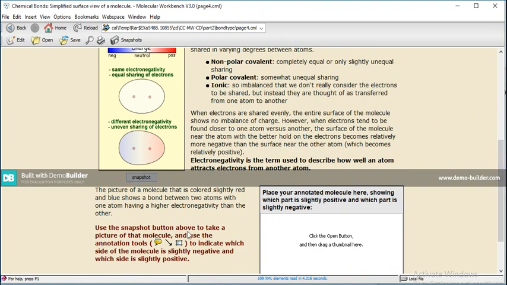Use the snapshot button, this one, to take a picture of that molecule and use the annotation. Those annotations will come after taking a snapshot to indicate which side of the molecule is slightly negative and which side is slightly positive. Let us take this snapshot here.